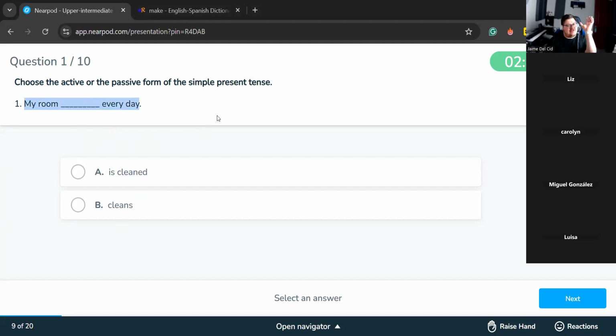Ojo que aquí el contexto es la oración. Okay. So you pay attention to the sentence. If the sentence requires a passive verb, then go ahead and do that. The sentence might not require it. So that's why I'm asking you to read the sentences.